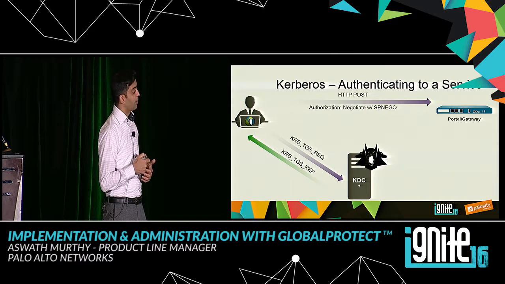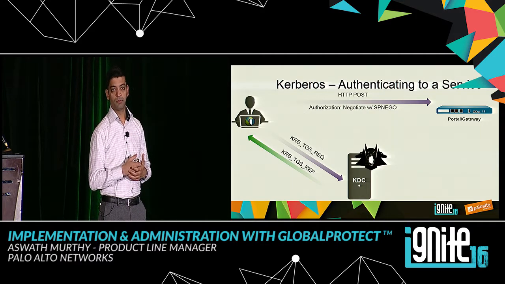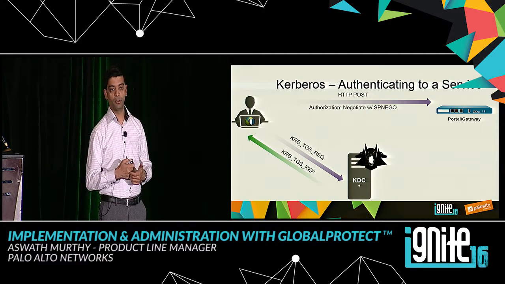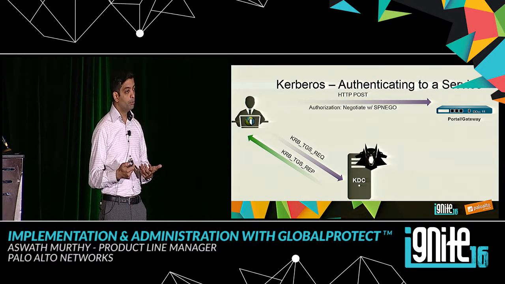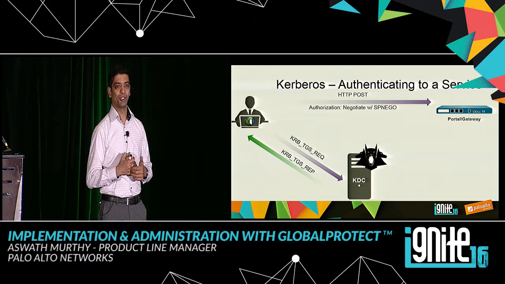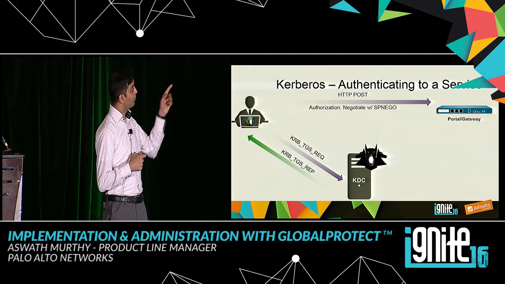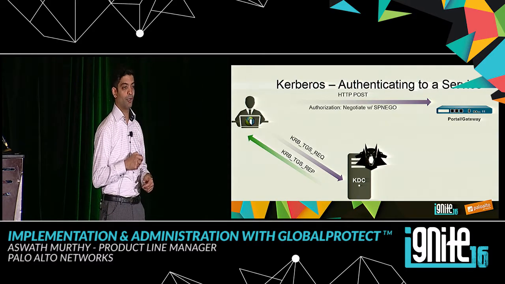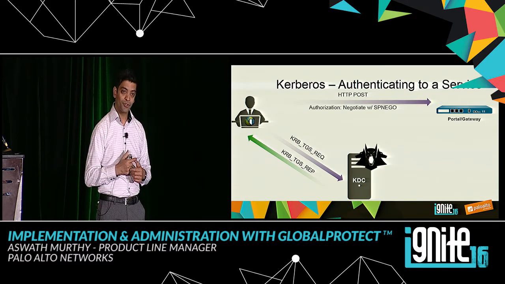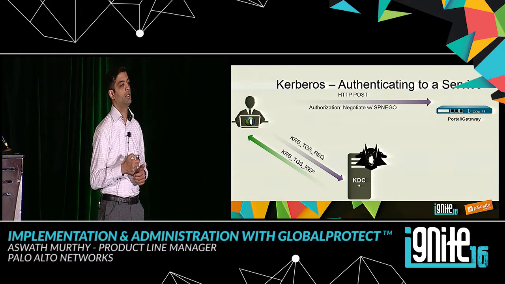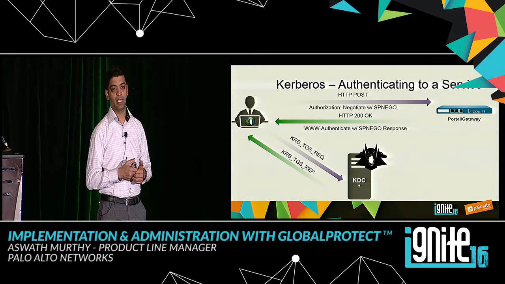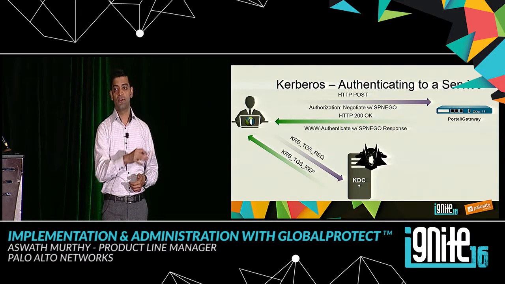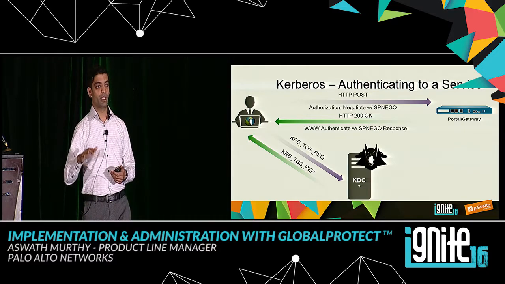The client then bundles that into a SPNEGO token, kicks it back out to the portal or to the gateway. The portal and the gateway will then unbundle this SPNEGO token, decrypt it, look for the identity of this user, make sure that it's the correct service that is being accessed, and if everything works out, it's going to go ahead and provide you with access. Now, nowhere in this transaction do you have usernames and passwords.